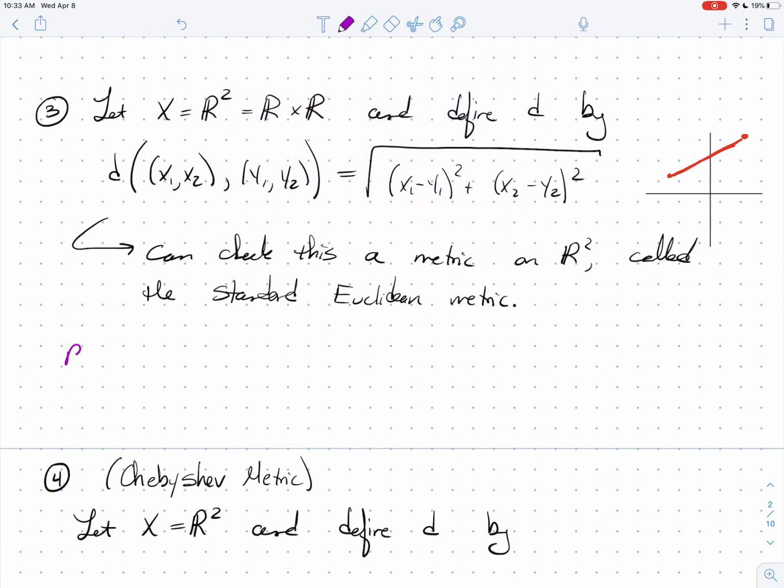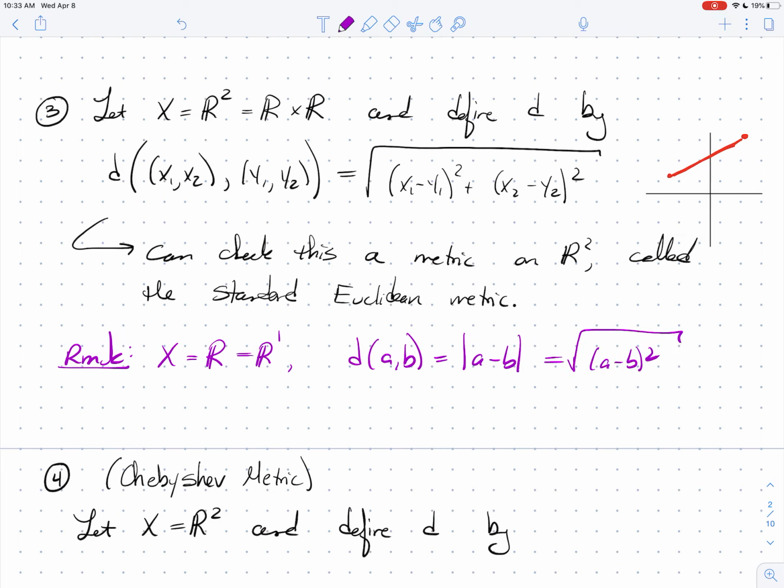One other quick little comment I'll squeeze in here. When we're talking about R1, which is just the reals, then our standard metric D of 2 real numbers, let me use A and B just to have clear notation, is the absolute value of A minus B. Please realize that's the square root of A minus B squared.